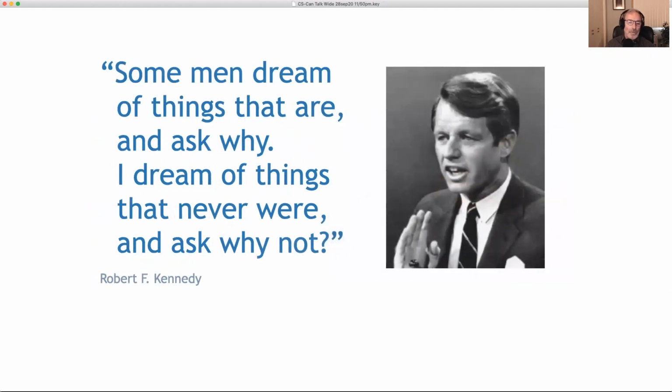And so, being a child of the 60s, well, a teenager in the 60s, I went back and looked at the influences on my life, and I ran across this quote from Bobby Kennedy. He said, "Some men dream of things that are and ask why. I dream of things that never were and ask why not."